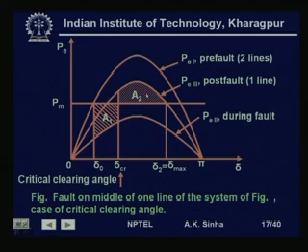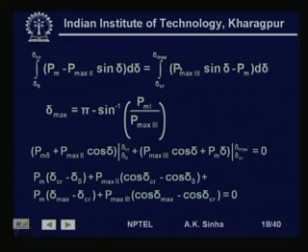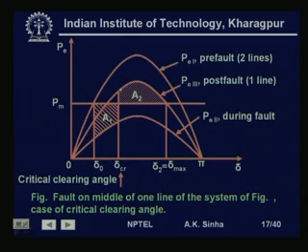So, this is what we are writing here: integral from delta Cr to delta max of P max 3 sin delta minus Pm d delta, where P max 3 sin delta is giving this characteristic, minus Pm.